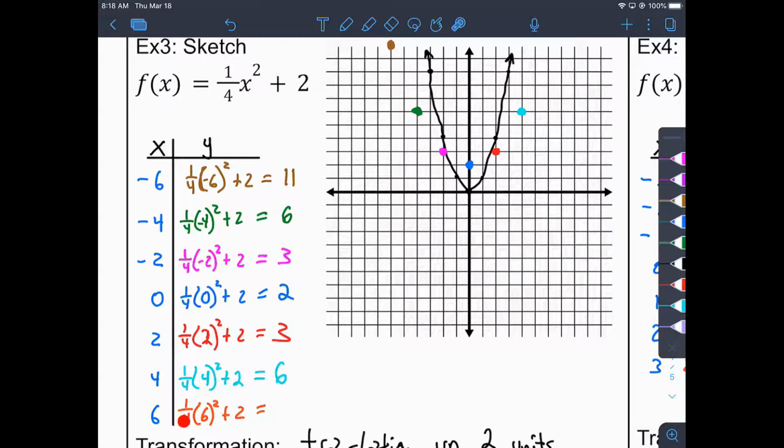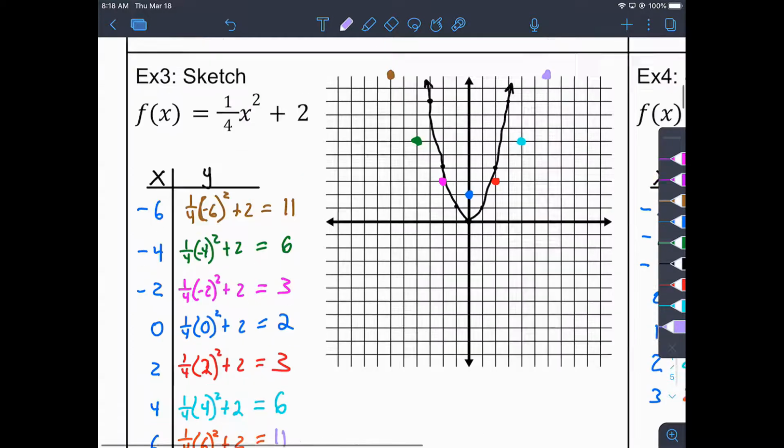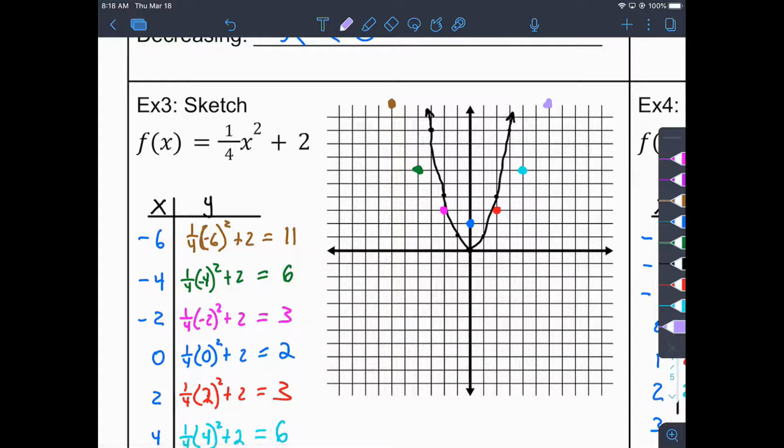Divided by 4 is 9. And we add 9 and 2, we get 11. So I go over 1, 2, 3, 4, 5, 6, and I go up to 11. There we go.